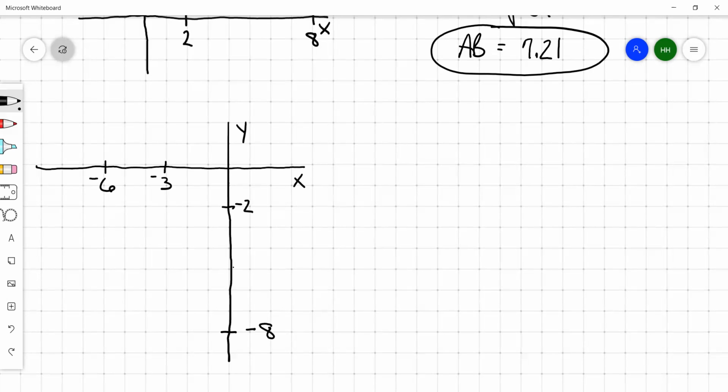All right, so let's put point A at -6, -8. Point B this time will be at -3, -2.